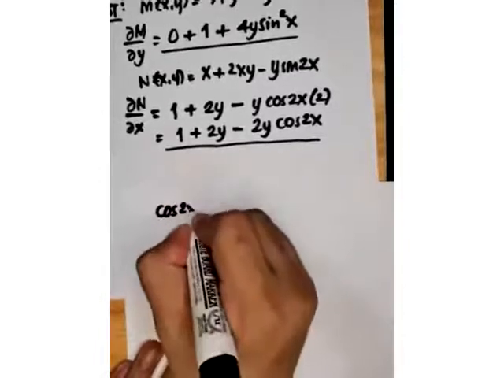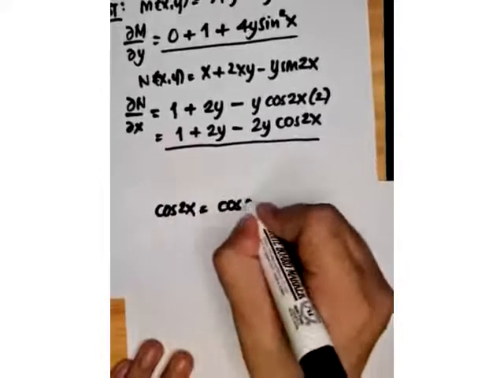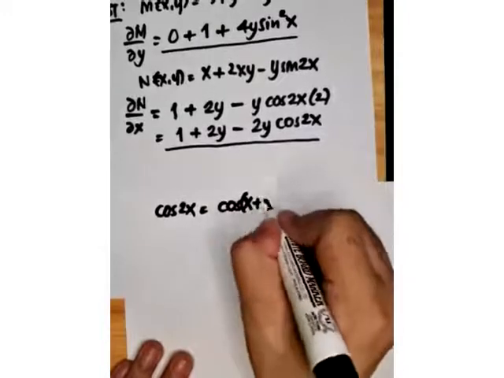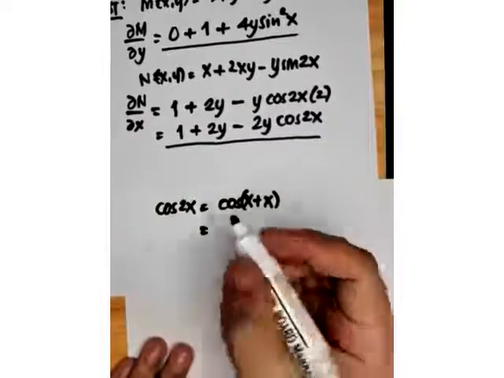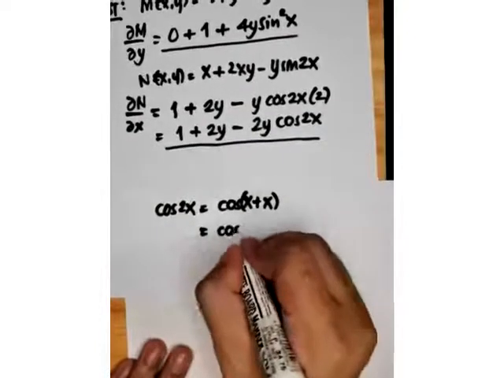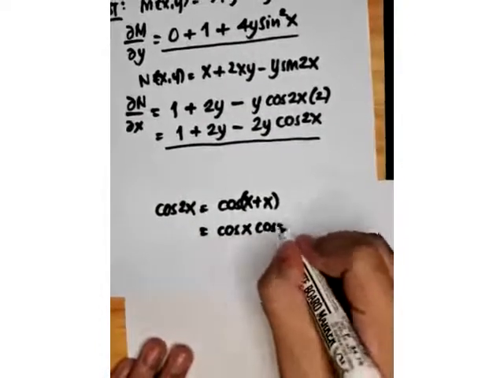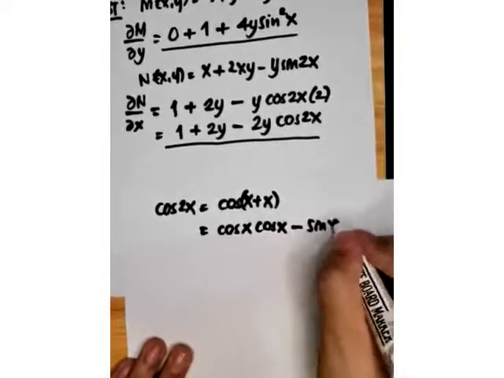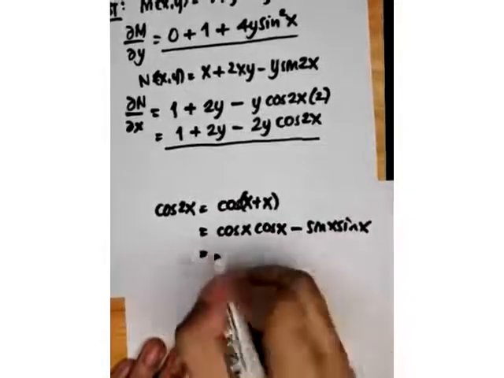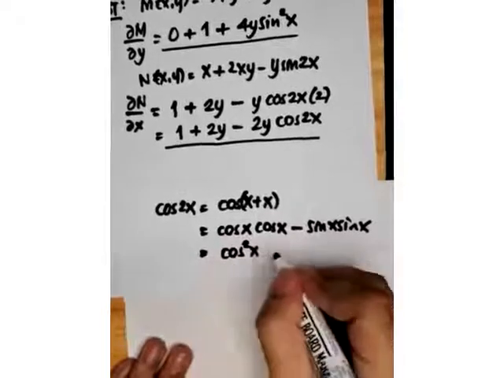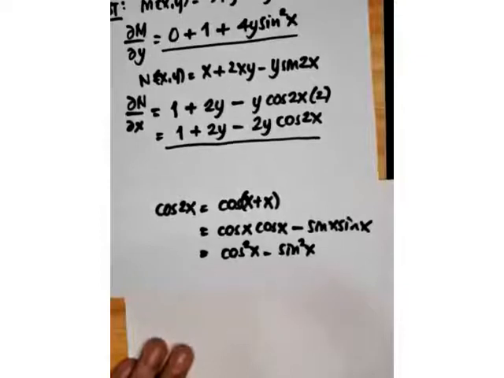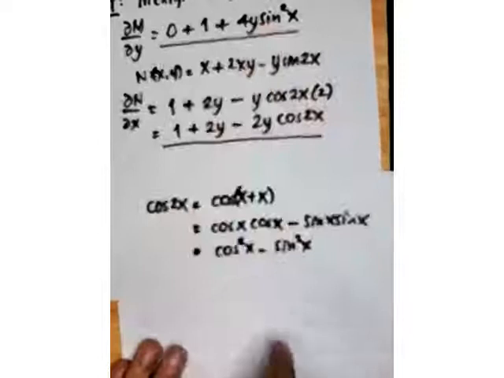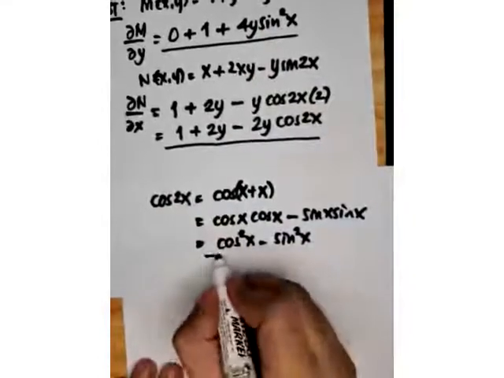Cosine 2x is equal to cosine of x plus x, which is cosine x cosine x minus sine x sine x. So this is equal to cosine squared x minus sine squared x. If we use this, it won't work. Not this. Okay? So that's the first one.